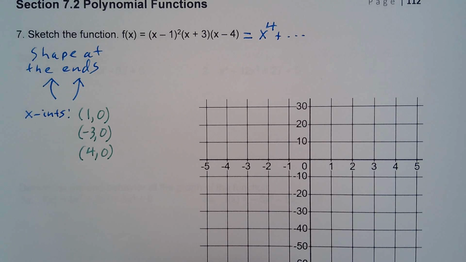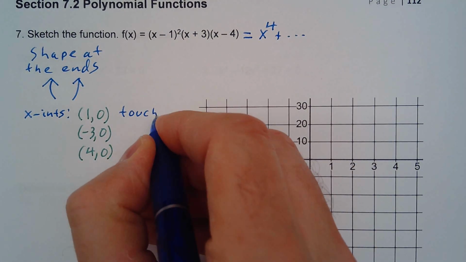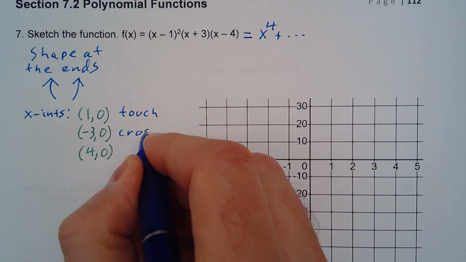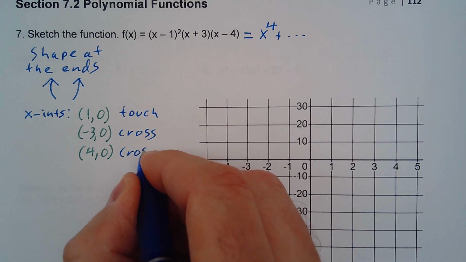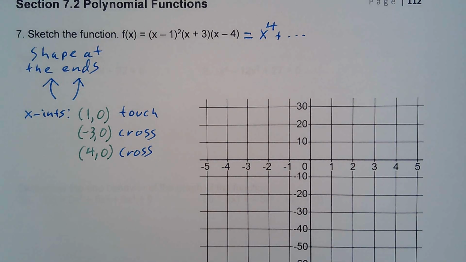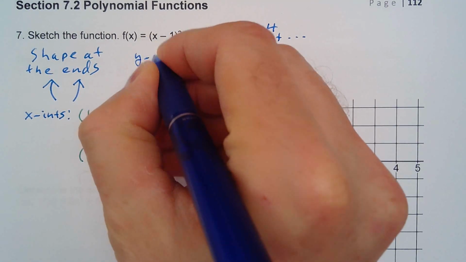And now I look at my power. This is even, so this is going to touch. This would cross because my power is odd, and likewise it's going to cross here. Let's get my y-intercept.